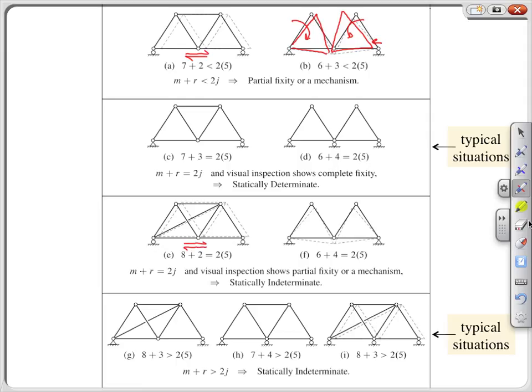Truss F is more complicated. Although no loads are shown on truss F, it isn't difficult to see that the only way it can support loads is through significant deformation. Consider vertical loads applied to the two upper joints. Analysis of those joints will require all the non-horizontal members to be in compression.